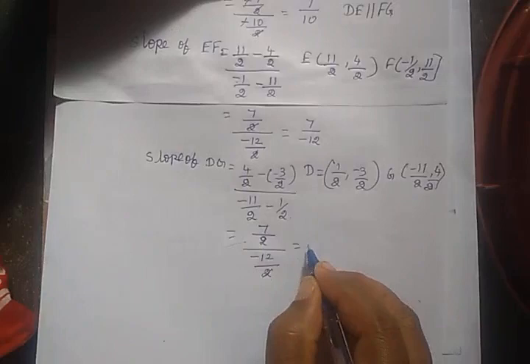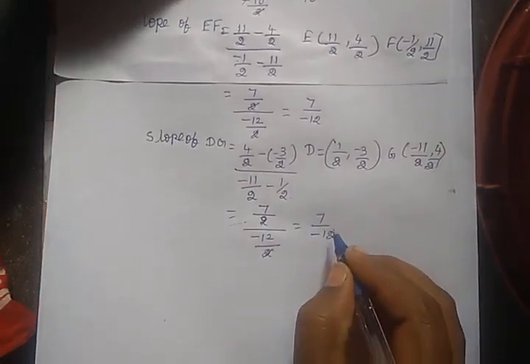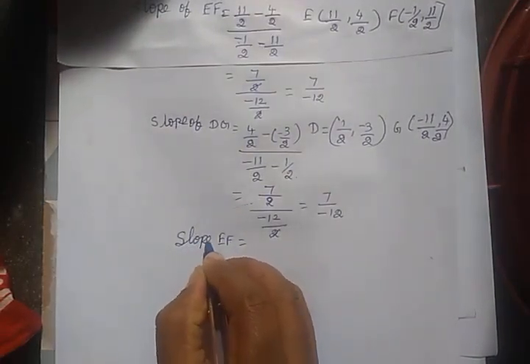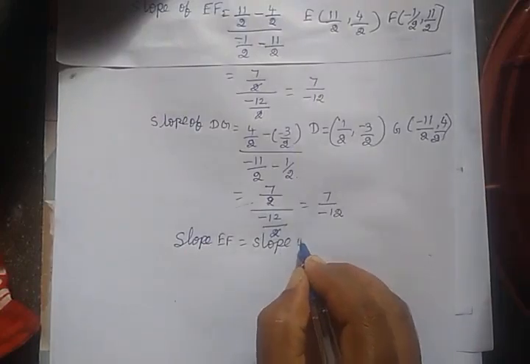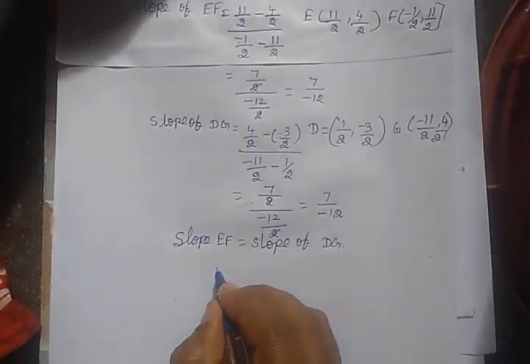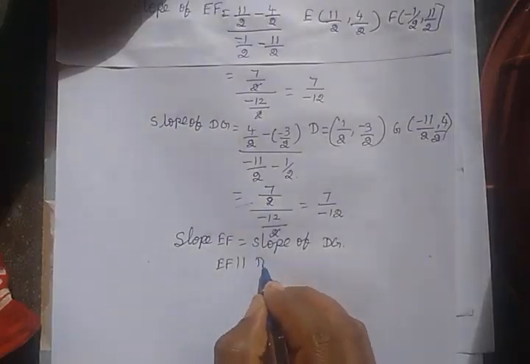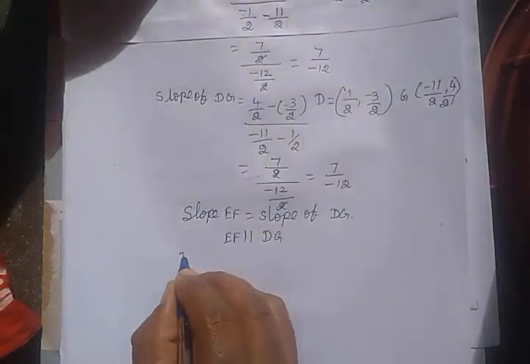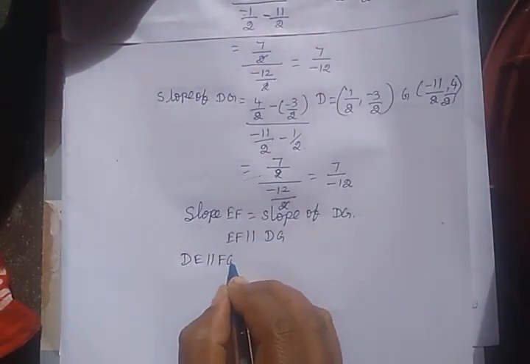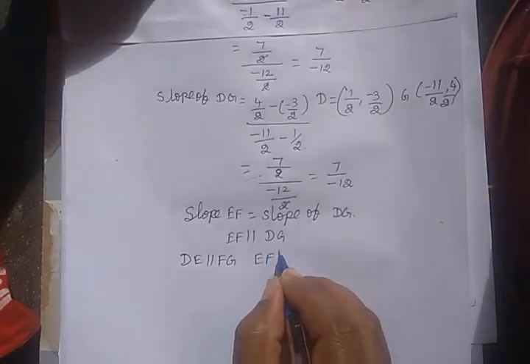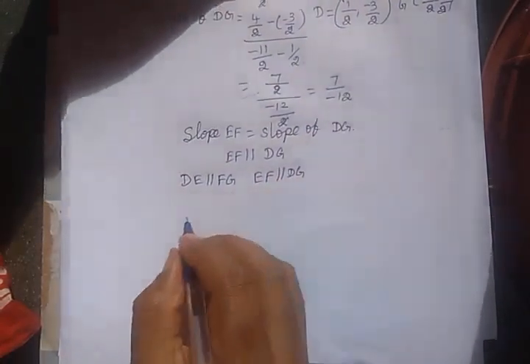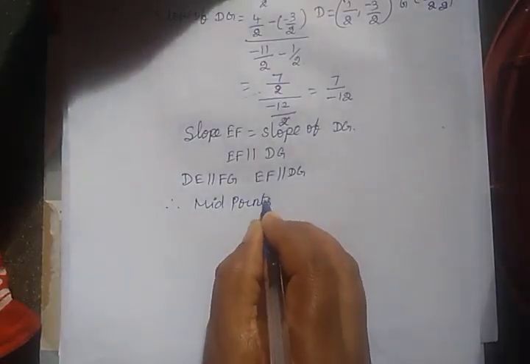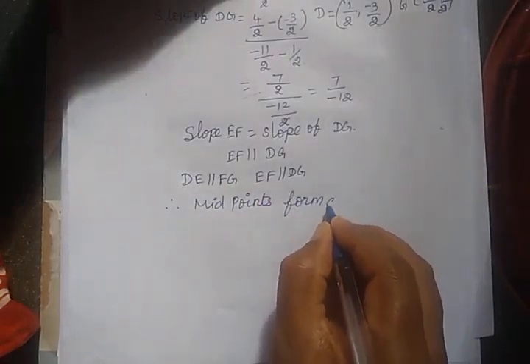The 2s cancel, 7 by minus 12. Now slope of EF is equal to slope of DG. Therefore, EF is parallel to DG. So which sides are parallel? DE parallel to FG and EF parallel to DG. Therefore, the midpoints form a parallelogram.